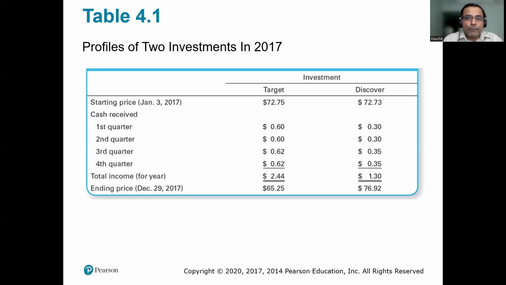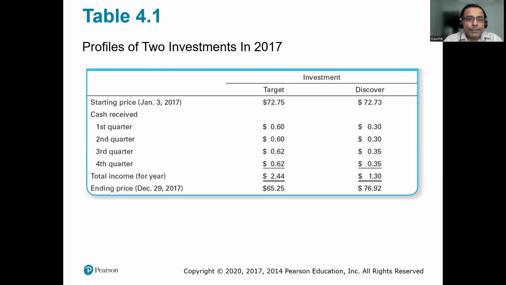In this example, we have the stock of two companies, Target and Discover. So we consider the investment over a 1-year period, the financial year 2017. So both stocks have provided dividend income to investors, and the share prices have changed compared to the beginning of the year.